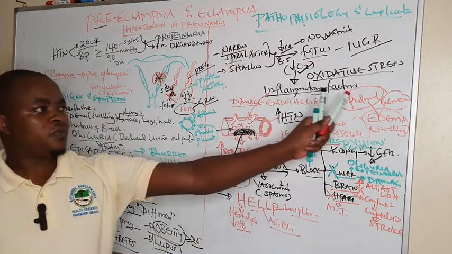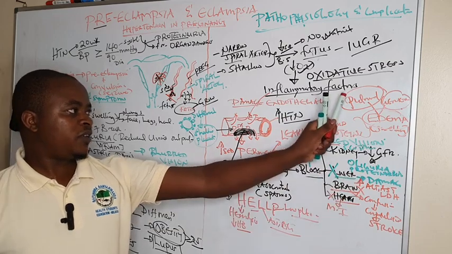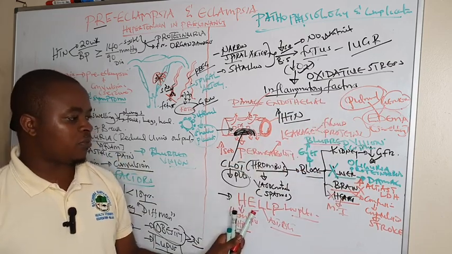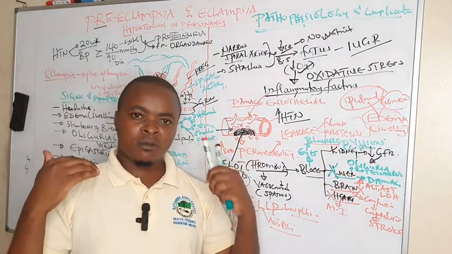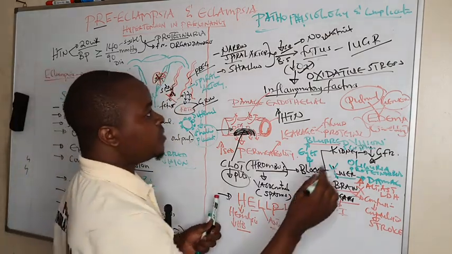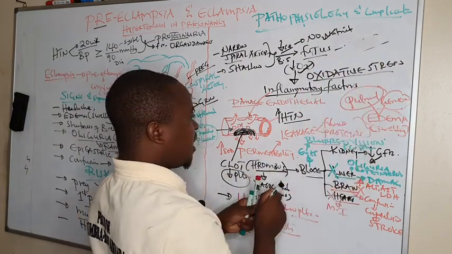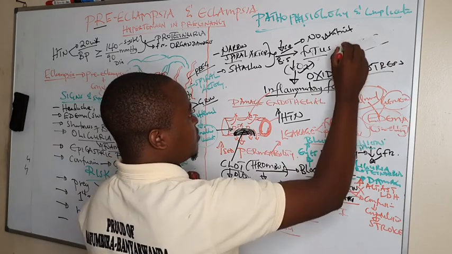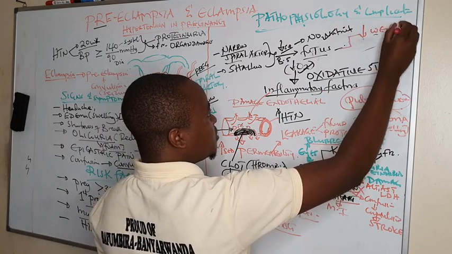And apart from edema, organ failure, then blurred vision, together with HELLP, these can also result in preterm birth. You find another complication can be preterm. You can produce a baby with low weight.